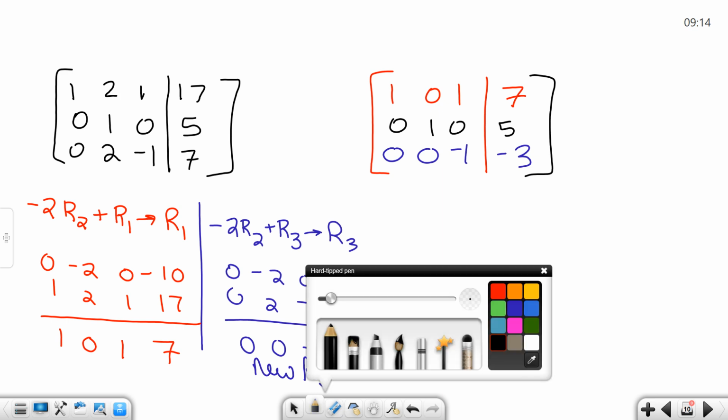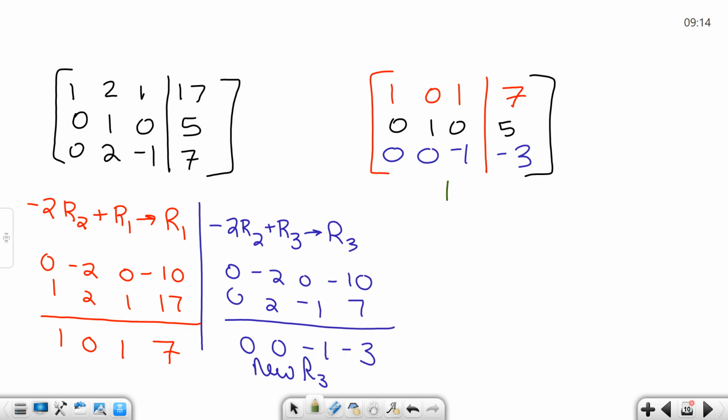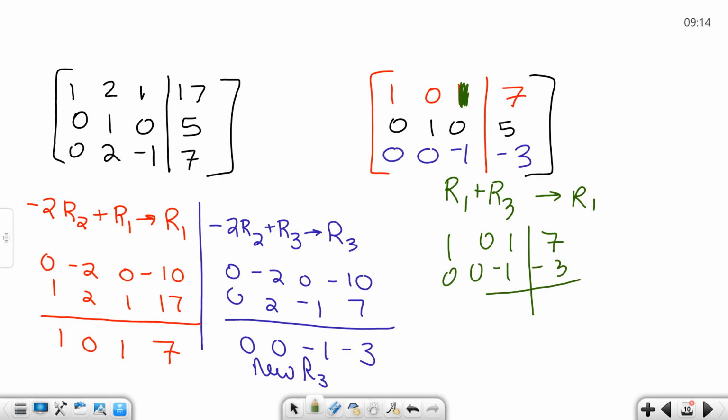Okay, so taking what I have up here, I'm going to say row 1 plus row 3. Now, row 1 is the one I want to change, because remember, I'm trying to get rid of this guy right here. So I'm going to change row 1. So I get 1, 0, 0, 4.